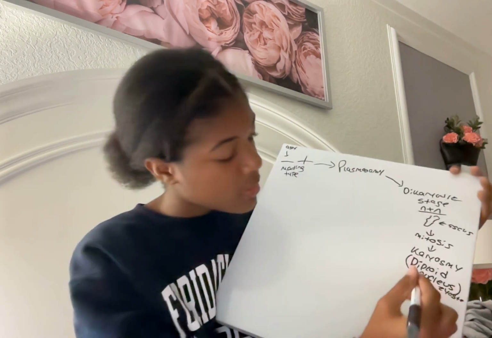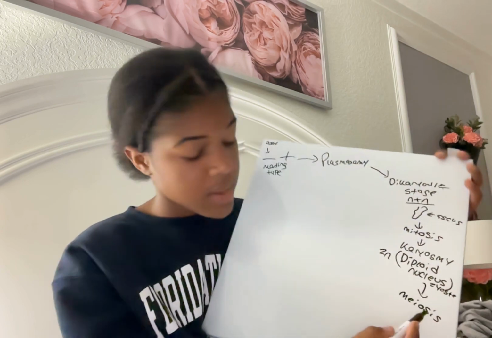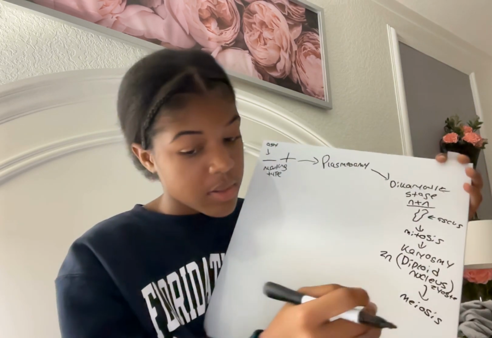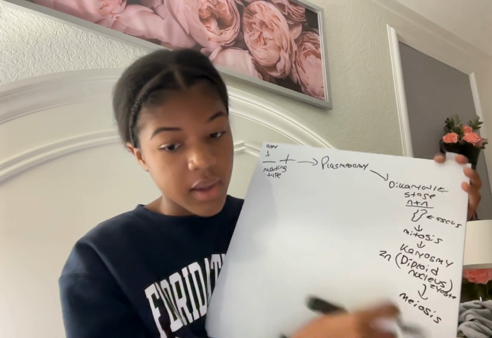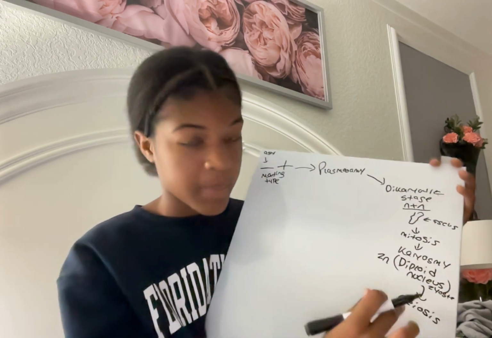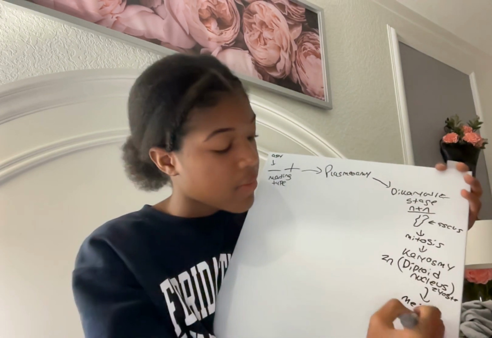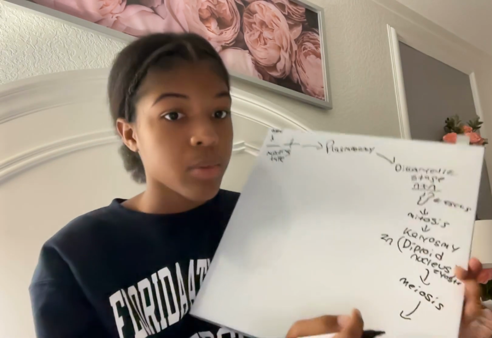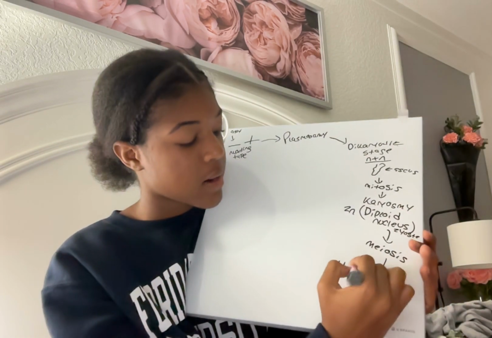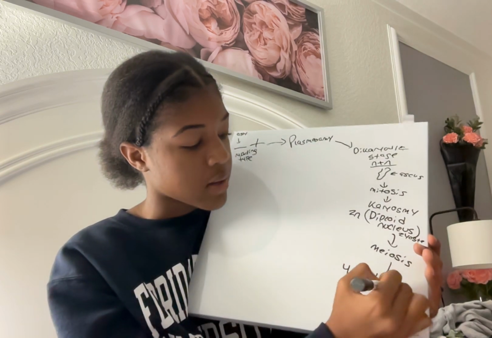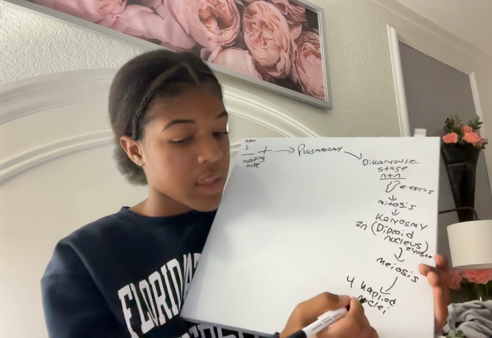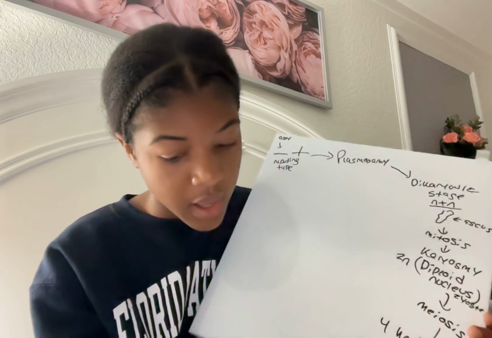The zygote is 2N. After the meiosis, we are haploid again, 1N, and we have 4 haploid nuclei.